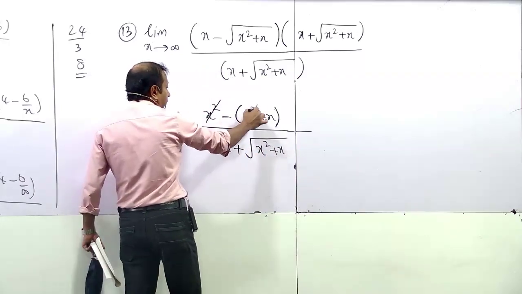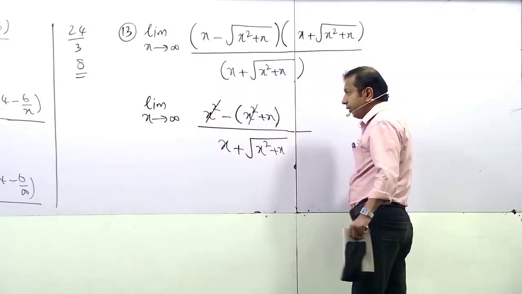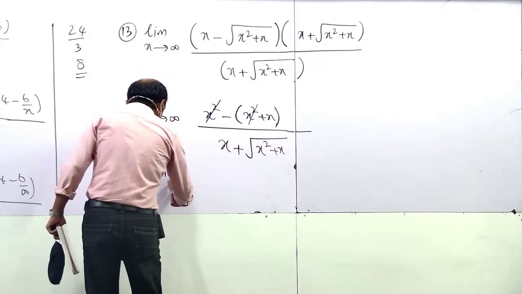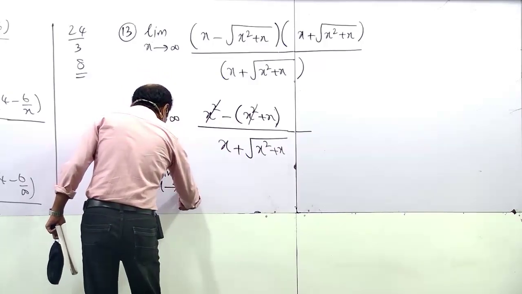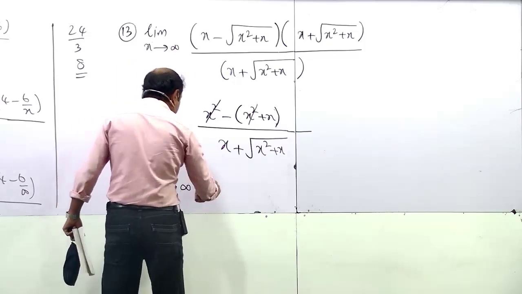This x squared minus x squared we can cancel out. Okay, then we have minus x.